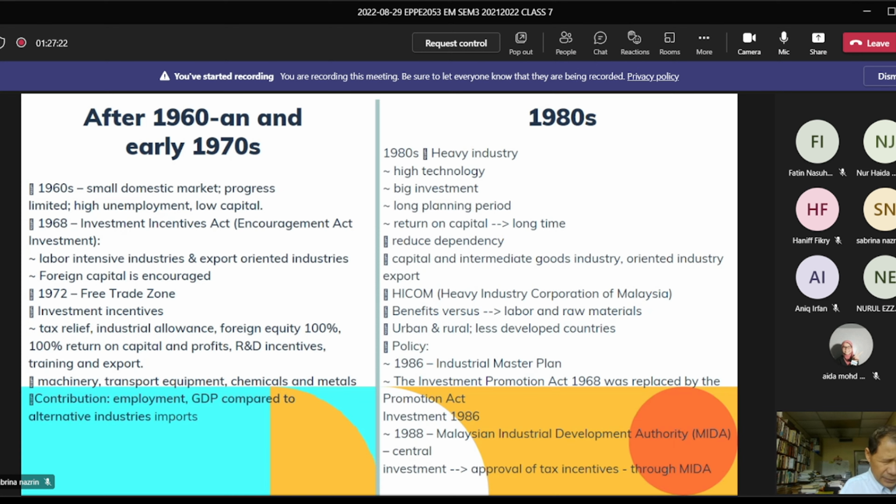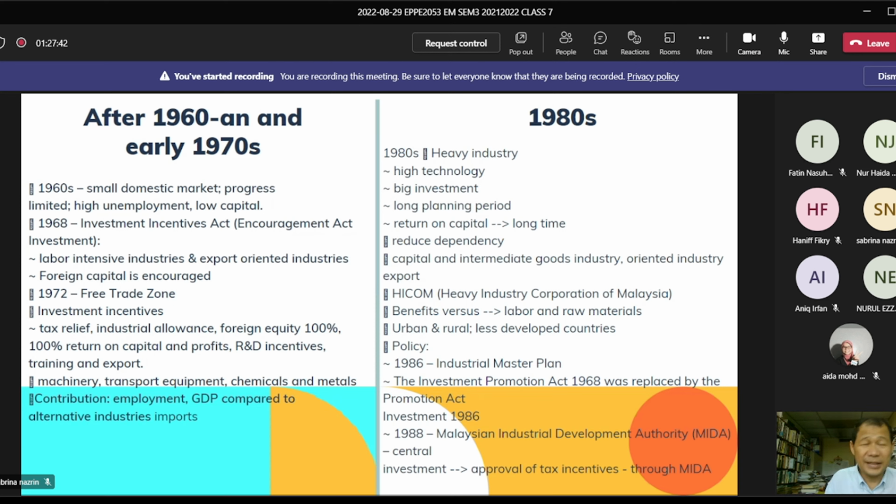So, and then 1972, free trade zone, investment incentives, tax relief. When I use the word tax holiday, the word tax relief is the same, tax relief, holiday relief. Industrial allowance, foreign equity.